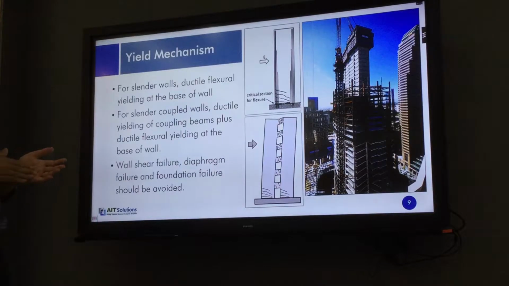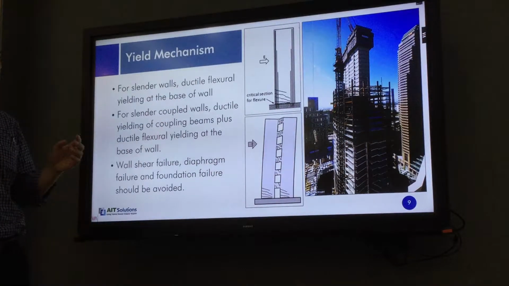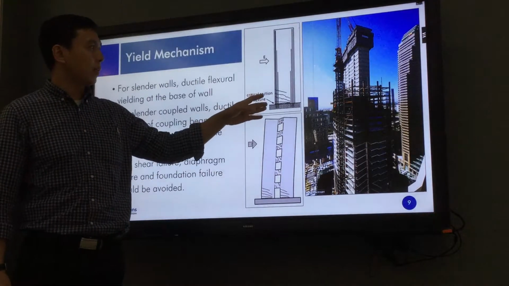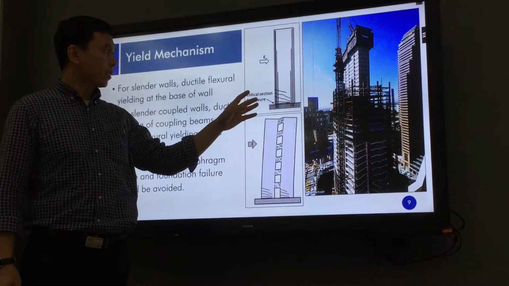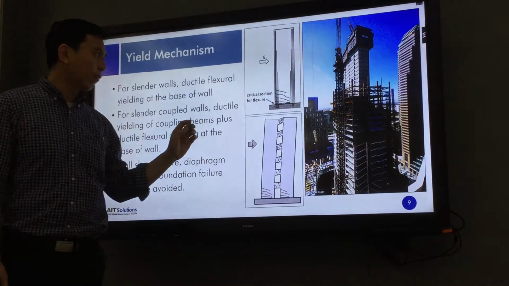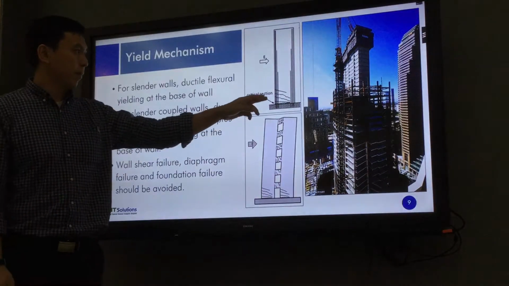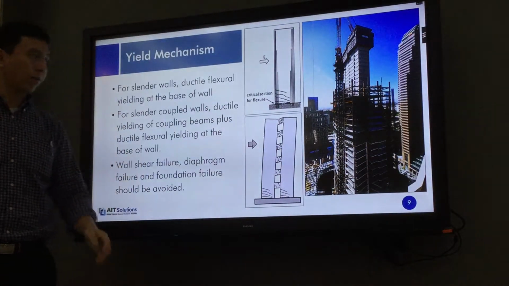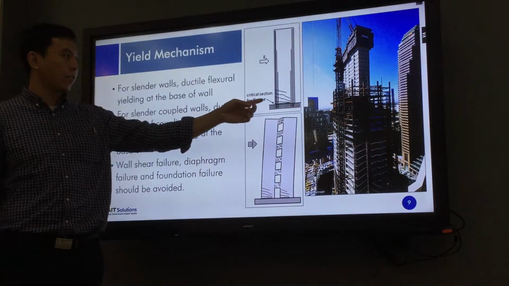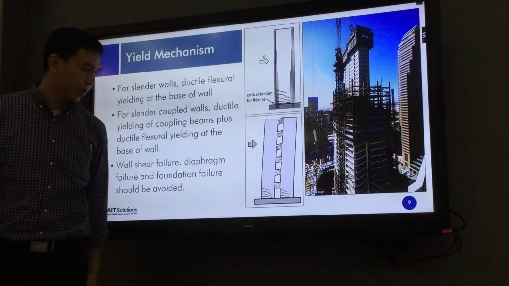In slender walls that we use in tall buildings, for example this planar wall, we design the wall to have flexure yielding under earthquake, mainly at the base of the wall. This is the critical section for flexure, acting like a cantilever.